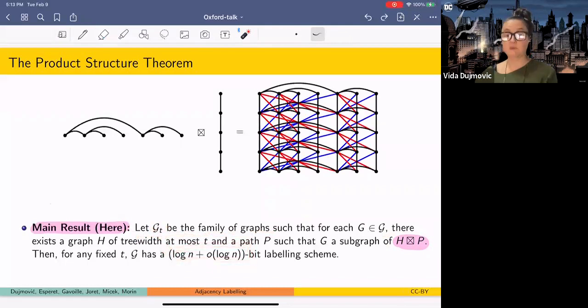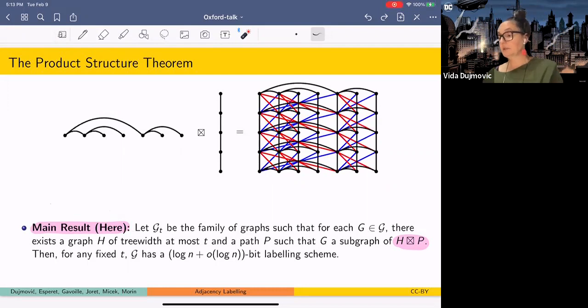That's what we proved. We didn't prove it directly on planar graphs. We really proved it on all the families where elements of the family are subgraphs of a product of some graph of treewidth T and a path.